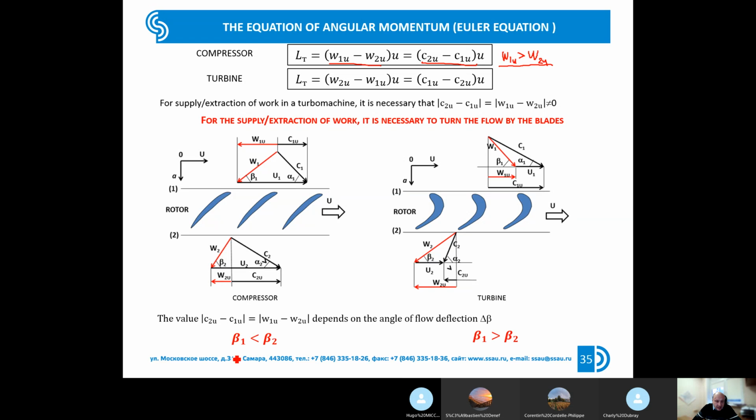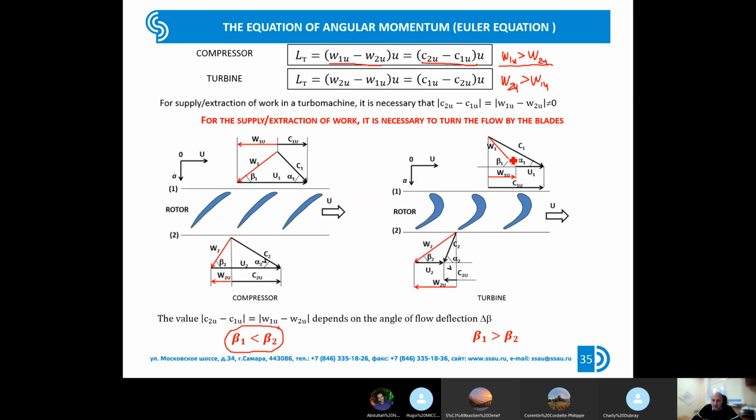So finally, in the compressor, to provide energy exchange, you need to provide such a shape of the blades that the angle at the inlet will be less than the angle at the outlet. And the same for the turbine. In the turbine, for extracting energy from the flow, you need to provide that W2U will be more than W1U.